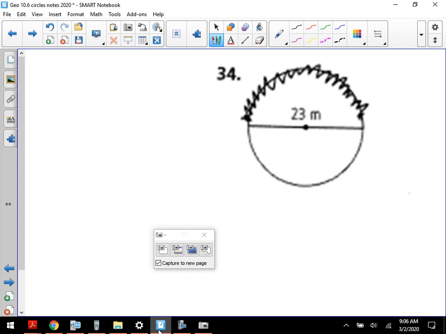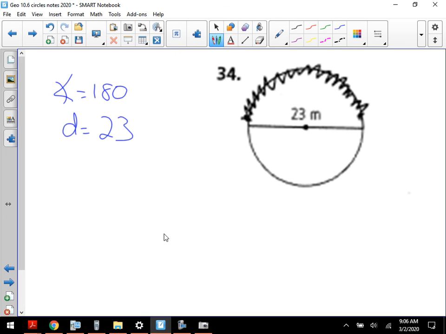So your angle is 180, and you're given a diameter of 23. This is why we have the different versions, so you can just use angle over 360 times pi times the diameter. So you get 180 over 360 times 23 pi.